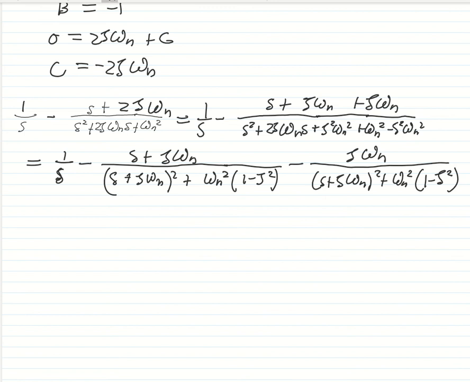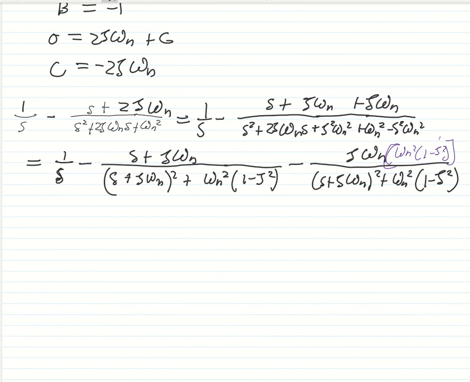So I need to multiply this with omega n squared times 1 minus zeta squared.